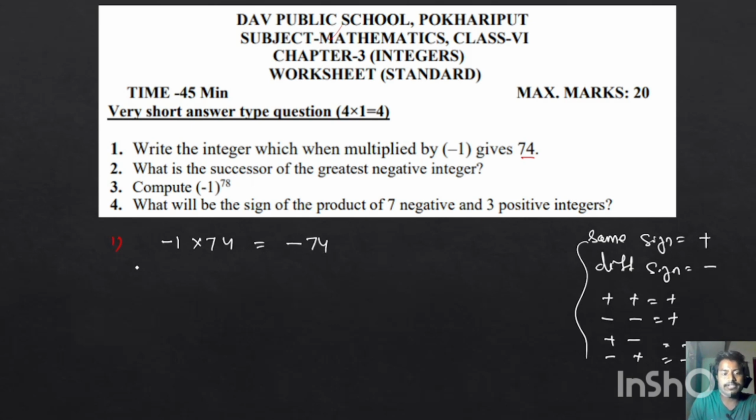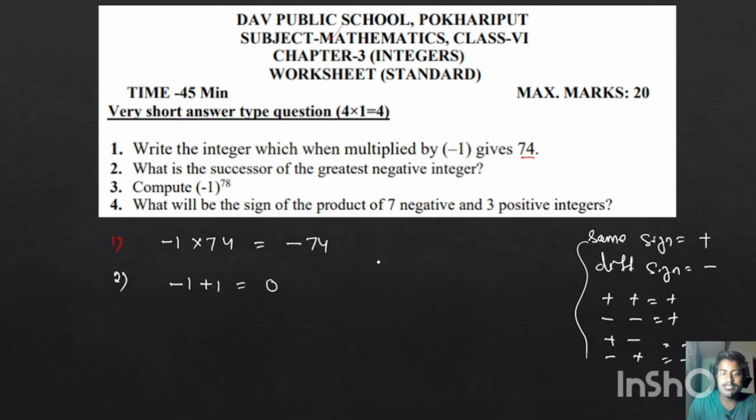Next, question number 2. What is the successor of the greatest negative integer? We know that the greatest negative integer is -1, and the successor means we add 1. So plus 1, minus 1, different sign, subtract, so 0. The answer is 0.